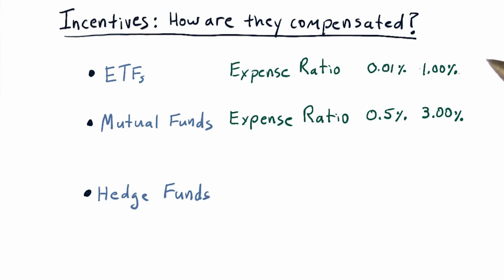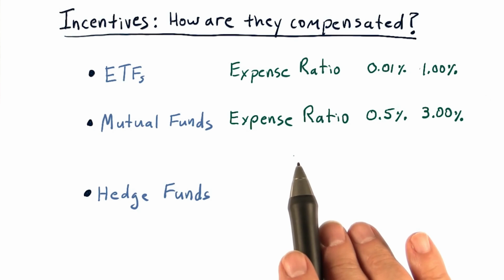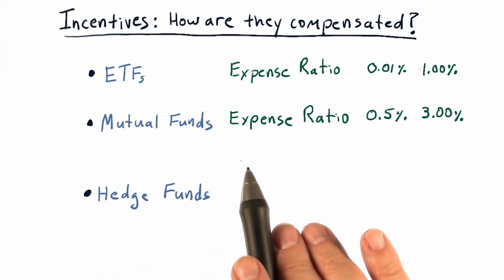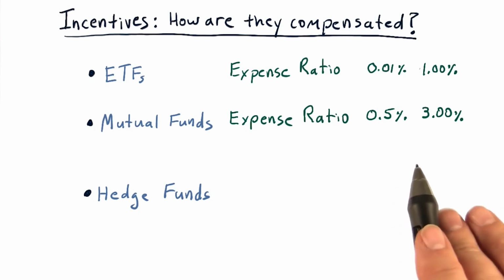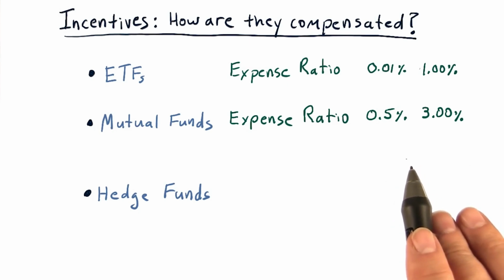And all that an ETF manager has to do in that case is just make sure that they are holding all the stocks in the S&P 500. Mutual funds, on the other hand, supposedly use more skill, and therefore they can charge a higher expense ratio, both for the costs of their research and also for their skill.